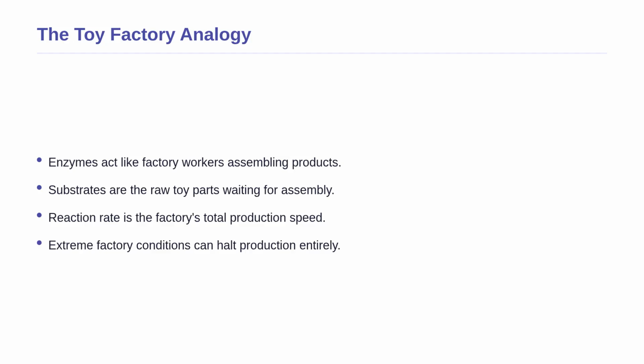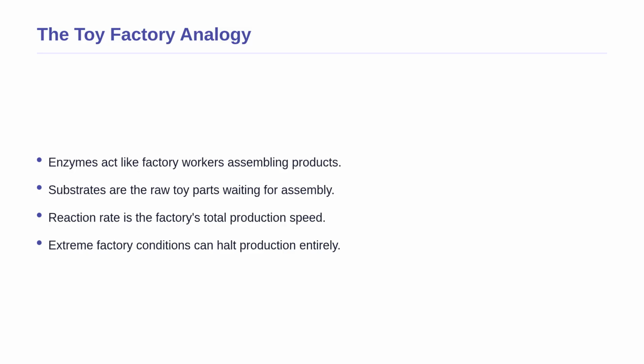To build our intuition before looking at the math, imagine you are managing a highly busy toy factory. In this factory, your workers are the enzymes, and the toy parts they assemble are the substrates. The speed at which your factory produces finished toys is exactly like the rate of an enzyme-catalyzed reaction.